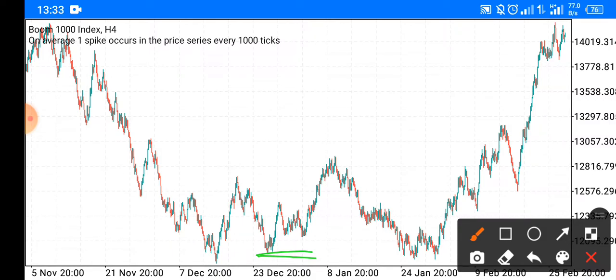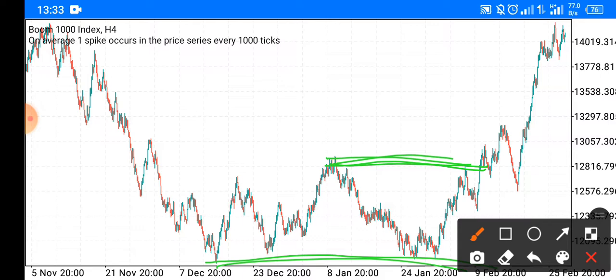For example, this support level, we just draw it into the future and see how it acted when price got back to that price. Here is a resistance right here. So when the market gets back to this area, we're going to be looking for sell trades, because the market is at a resistance.